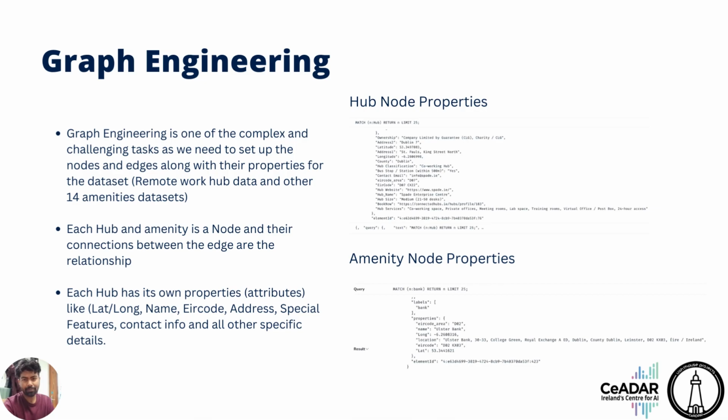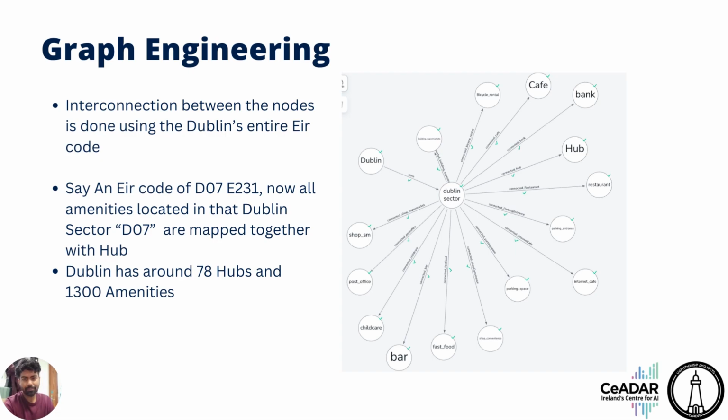Now, the biggest challenge is that we have to convert our tabular data into a graphical format using nodes and edges, and work out how these nodes and edges can be interconnected with each other.